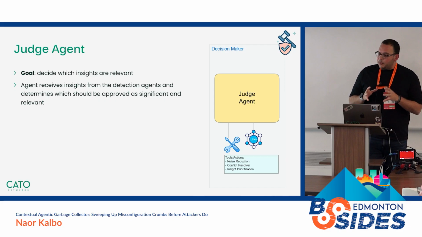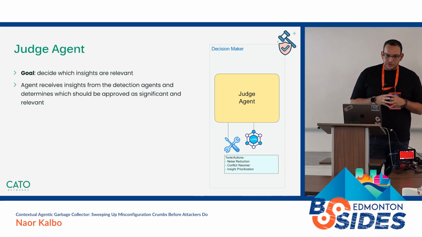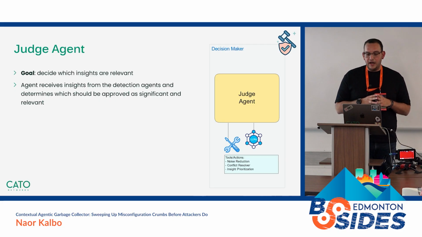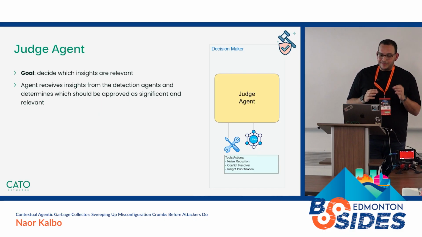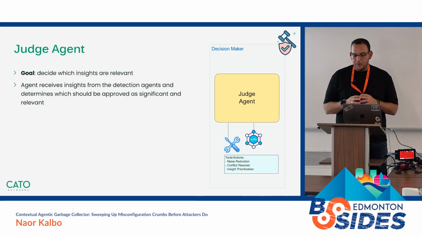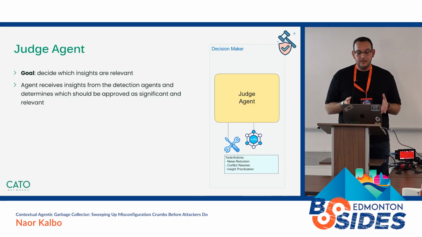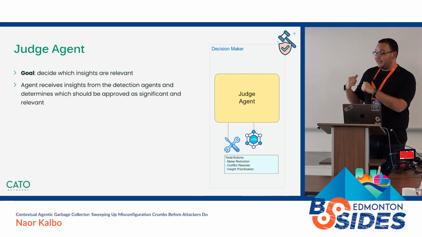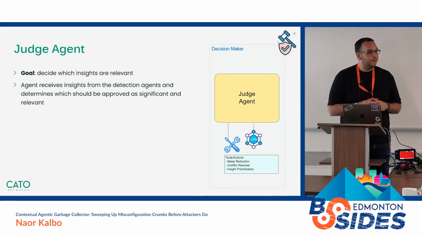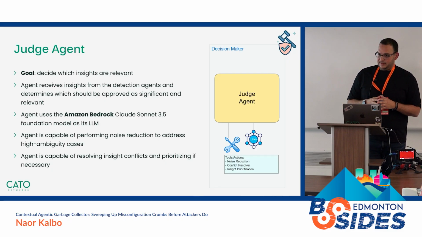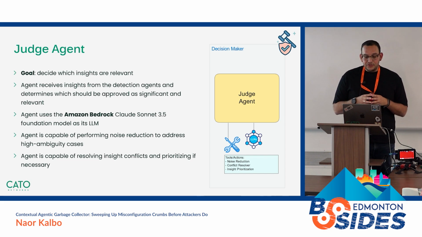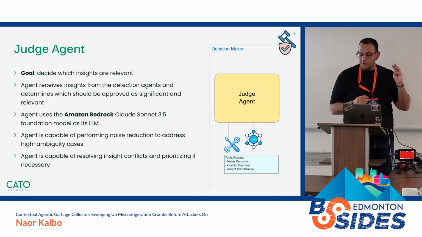And a very important agent, the last one, is actually the judge agent. This agent is essentially responsible for the decision-making around the insights generated by the other detection agents. The judge receives all the insights and must decide whether they are relevant or not for the user. Its decision-making process relies on 3 pillars.